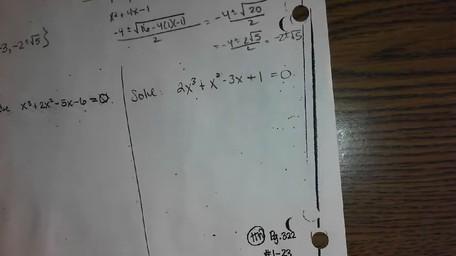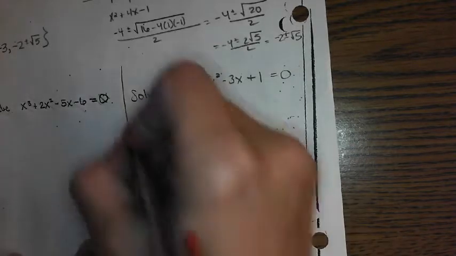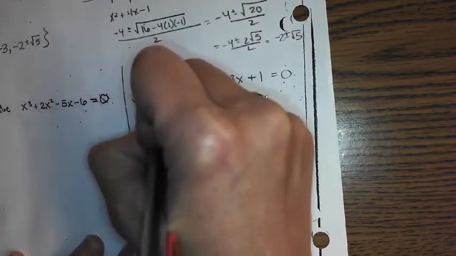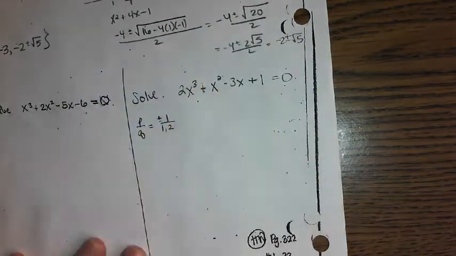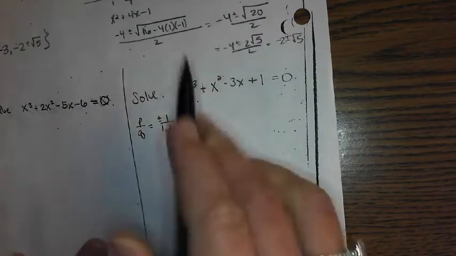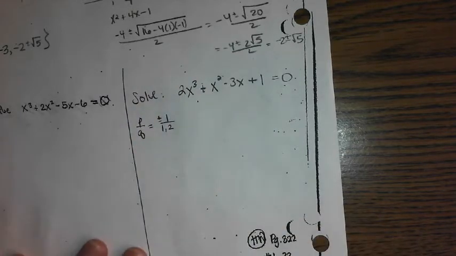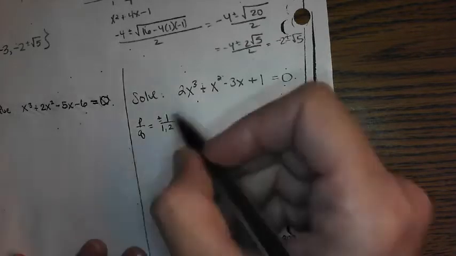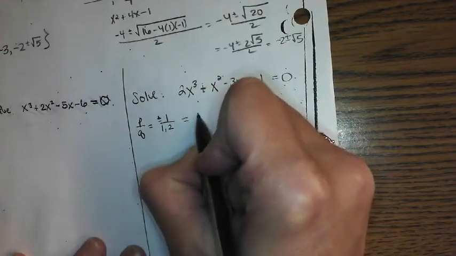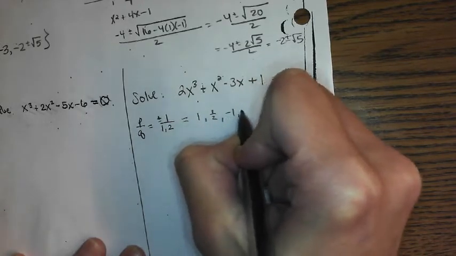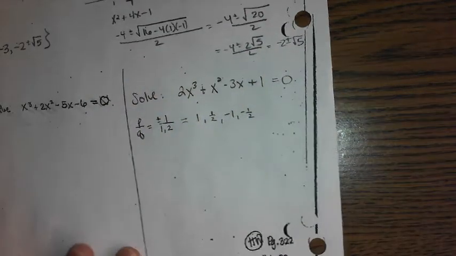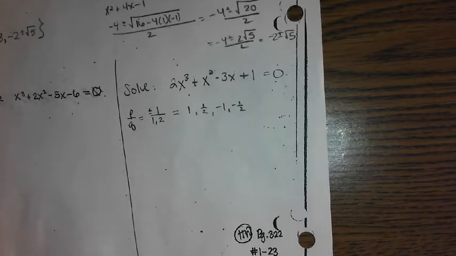It's not factorable, so obviously we have to use our P over Q process, which will be plus or minus 1 over, now our coefficients of Q, we actually have 1 and 2, or our factors of Q. So on this one, 1 over 1 is 1, 1 over 2 is 1/2, and then you also have negative 1 and negative 1/2.